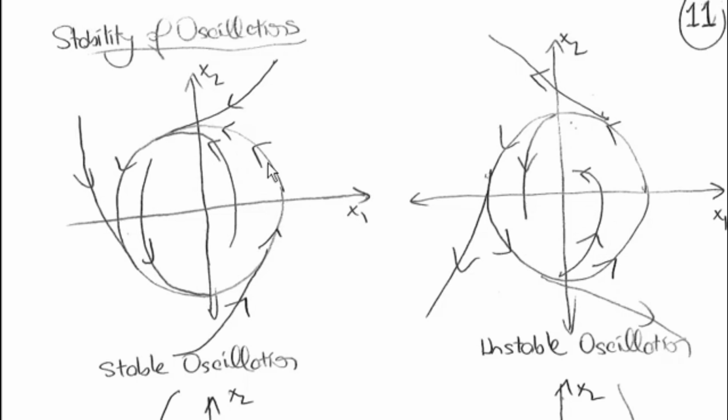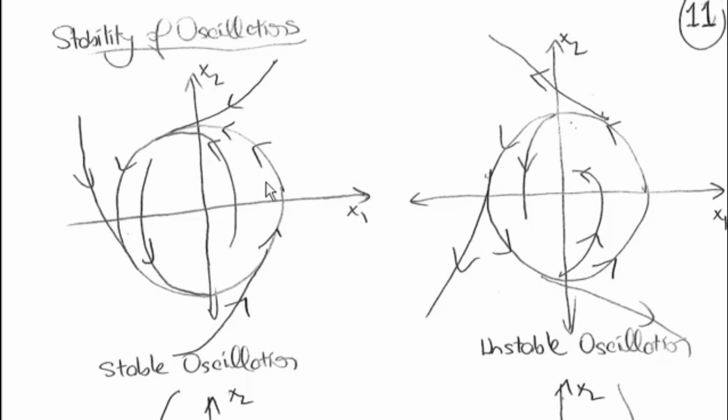In the first oscillation, if I apply some perturbation, just a little bit, and pull the state inside, what is going to happen to the new trajectory of the system? We see that the trajectories inside are converging back to the original oscillation on this line.